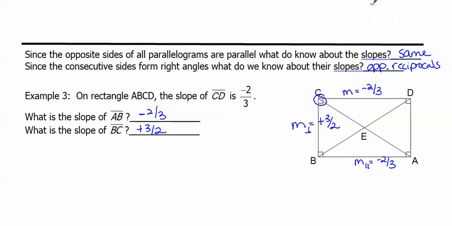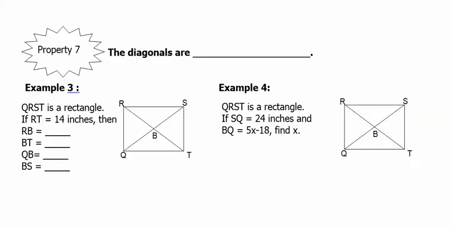Let's look at the property that comes from when we make these angles right. When I make right angles, what ends up happening is my diagonals become congruent. So not only do they bisect each other, but they're all the same size.